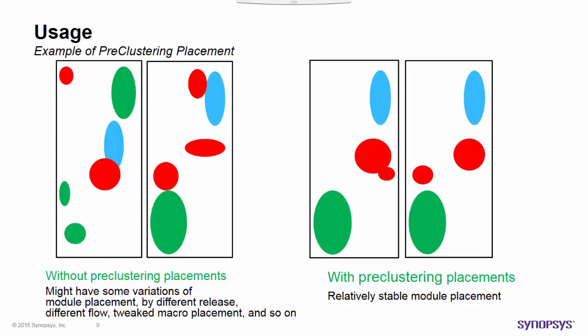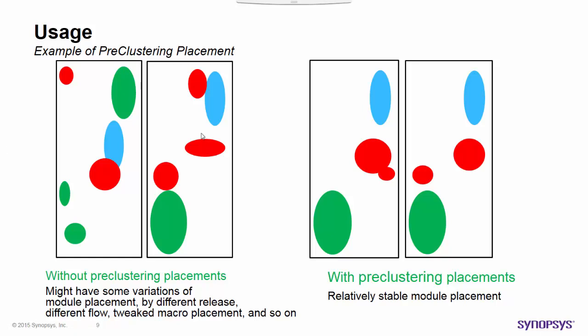Usage. Here the slide shows the images of pre-clustering placement. Left is without pre-clustering placement while the right-hand side shows with pre-clustering placement. Consider the left-hand side. Here, when the netlist, floorplan or software version has changed, it generates slightly different module placement.